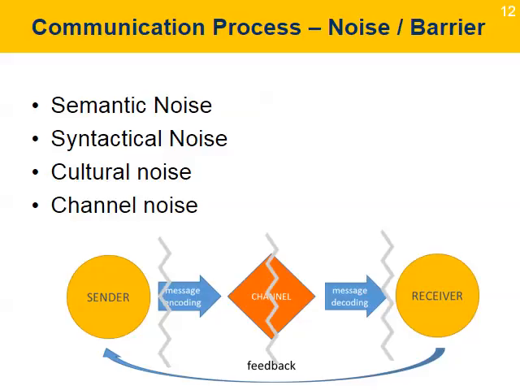Cultural noise, similar to semantic, refers to the differences in cultures to create and interpret a message, such as our own biases, prejudices, and social norms that can become barriers that distort the message in the communication process. Channel noise comes from the medium chosen to transmit the message. This includes technology and even language.